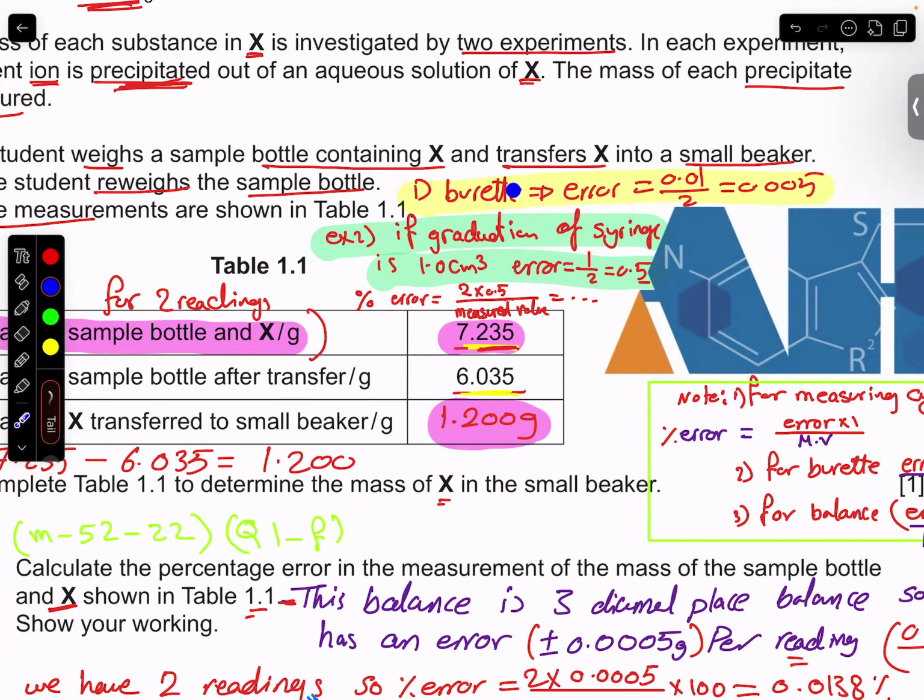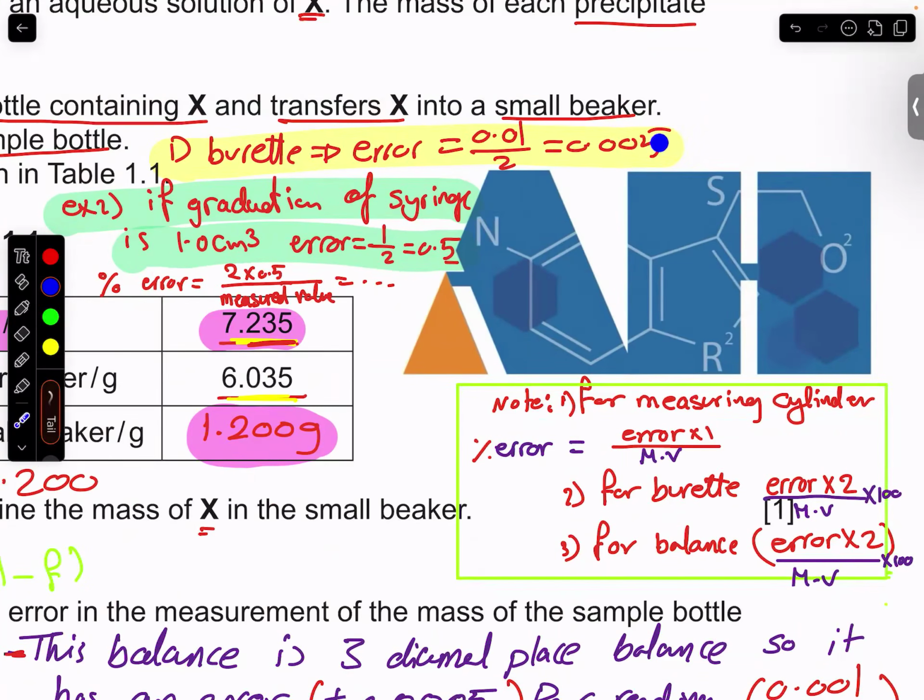For example, using the burette, the error in the burette is 0.1 divided by 2 equals 0.05. If you are taking any reading, for example 10 cm cubed, and you need to calculate the percentage error, you have to multiply the error by 2, divided by the reading that you take.